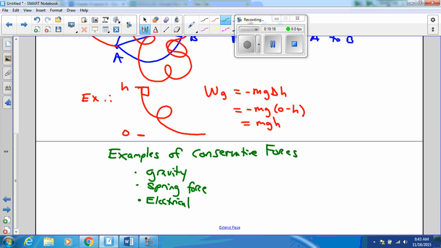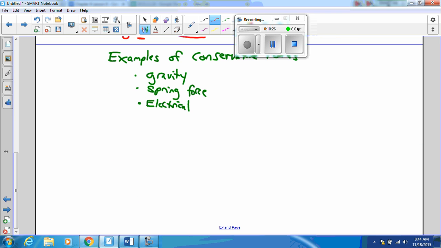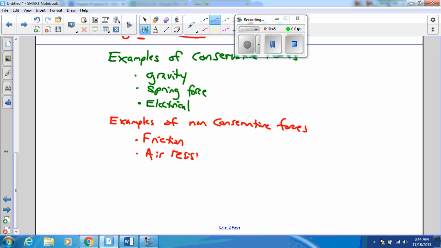These are our biggest two so far. Later, the electrical force is going to be a conservative force. And examples of non-conservative forces are going to be friction and air resistance.